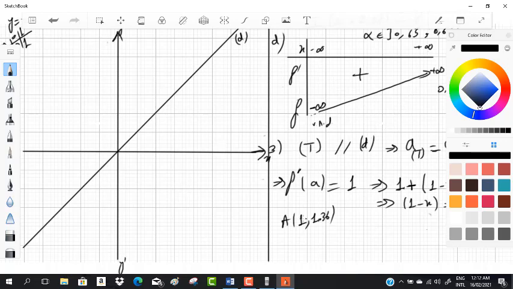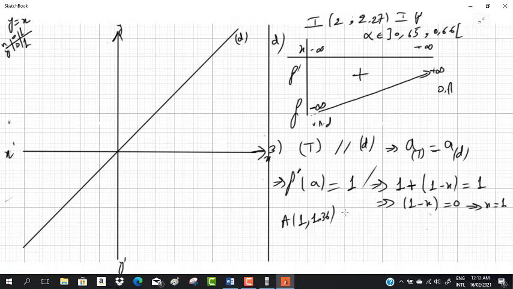We have the point A, 1.36. After drawing the asymptotes, we have to draw the particular points and the extremes. We have the point I, 2.27, which is an inflection point.